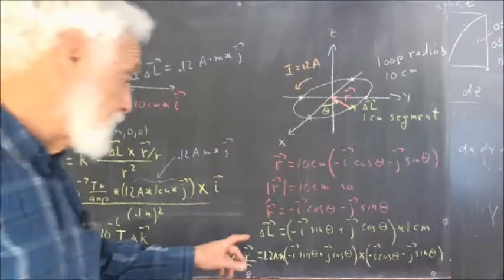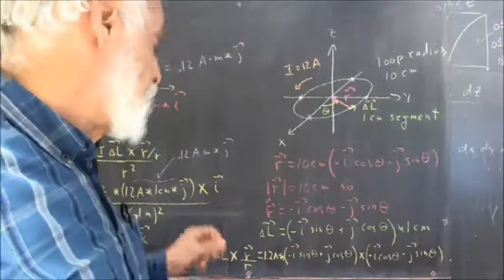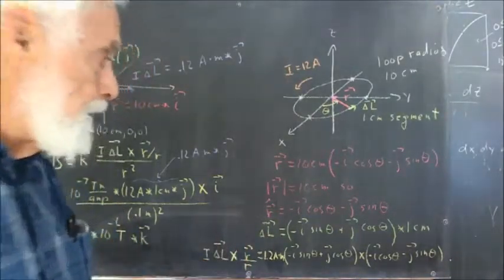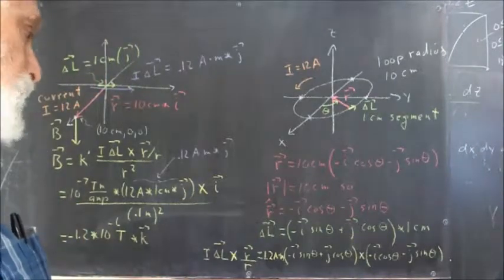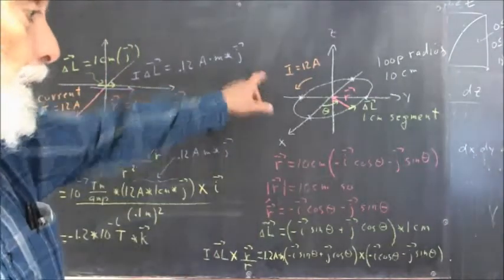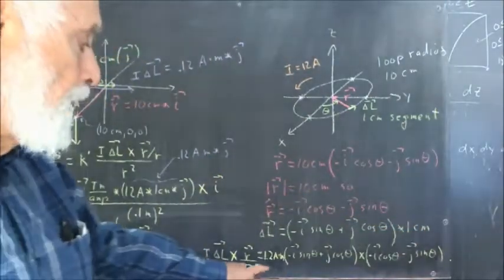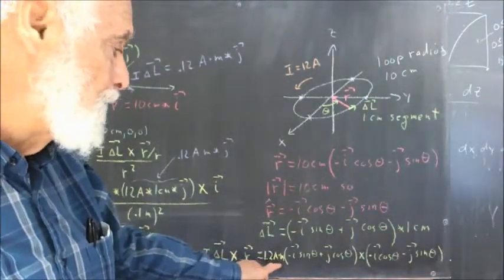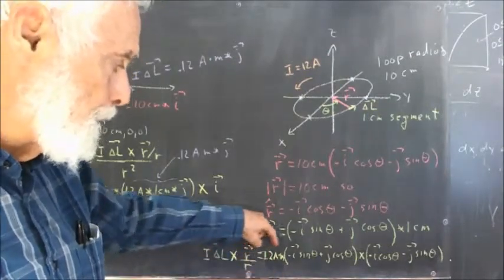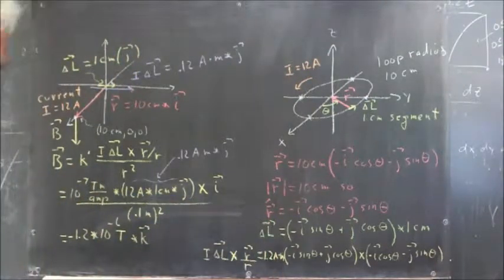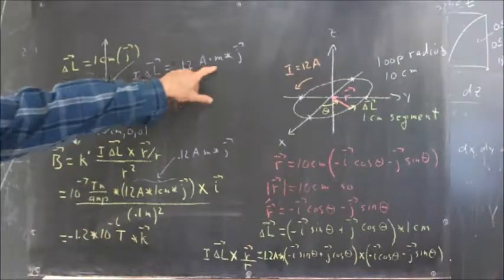I delta L cross R vector over its magnitude. The I delta L is going to have a magnitude. Well, I is 12 amps, and we multiply that by the 1 centimeter, which is 0.01 meter, and we get 1.2 amp meters. I don't know if you can read that. It's pretty hard, but it's 1.2 amp meters, the same thing that we had up here.